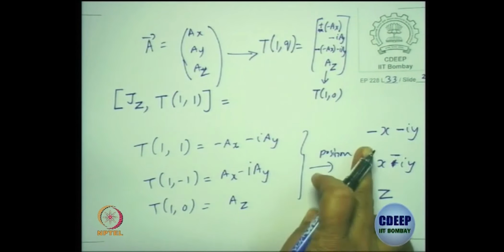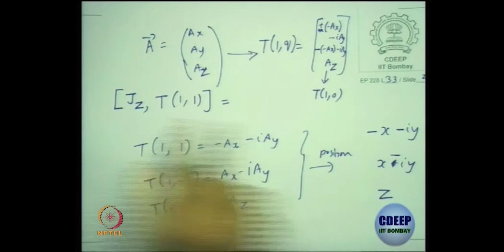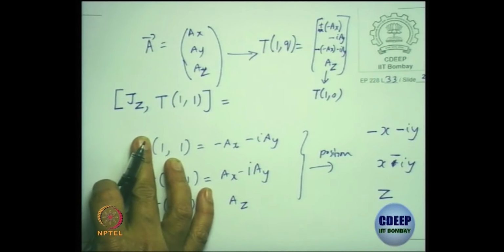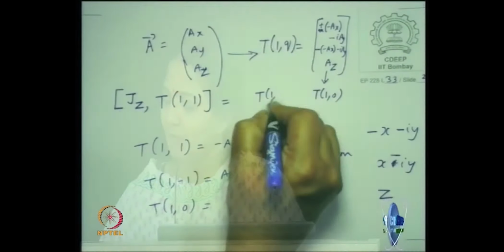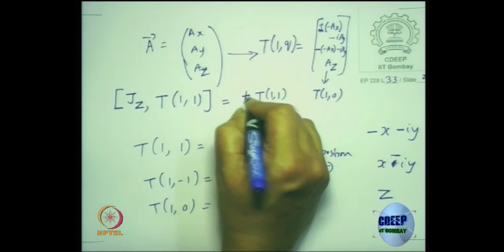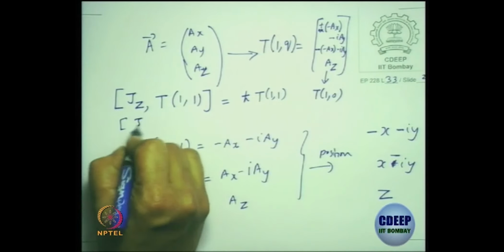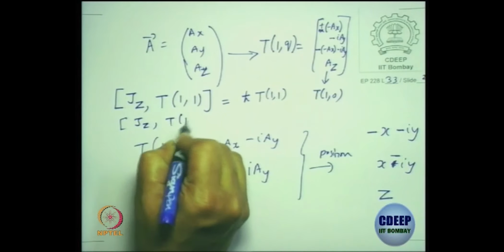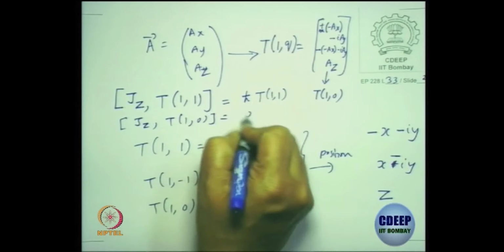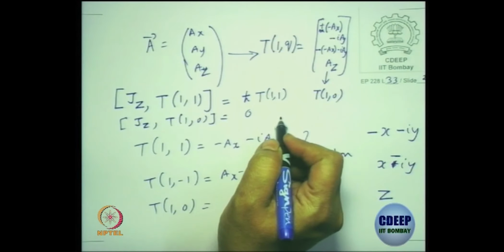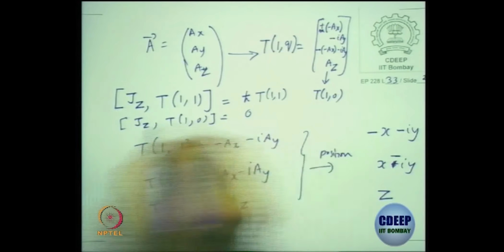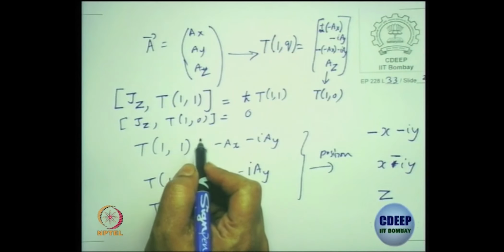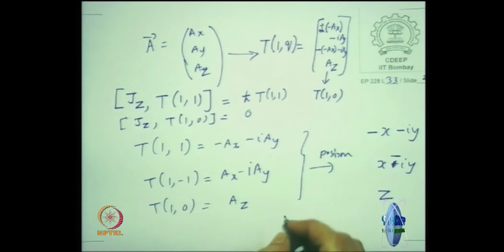So take it to be minus x minus iy and Jz and do the commutator. So T(1,1) with h cross. What about Jz with T(1,0)? That is 0 times 0. Is that right? The Jz with this is 0. What about the last one?